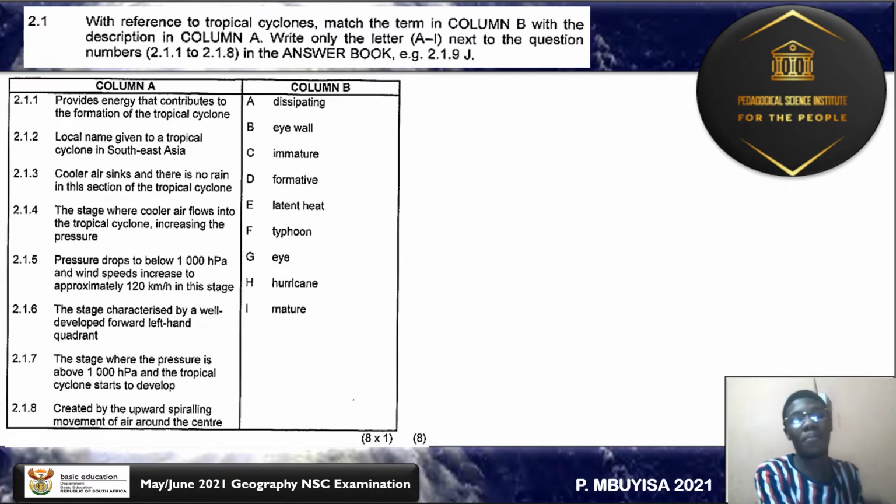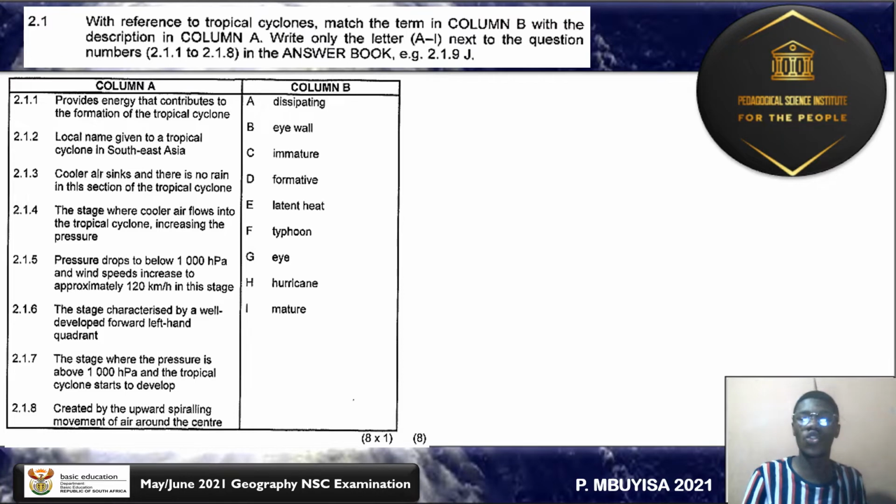Now it says column A, 2.1.1, it provides energy that contributes to the formation of the tropical cyclone. What provides us with energy for the tropical cyclone? And you'll remember that when you look at energy, we are looking at different kinds of energy that exist on Earth.